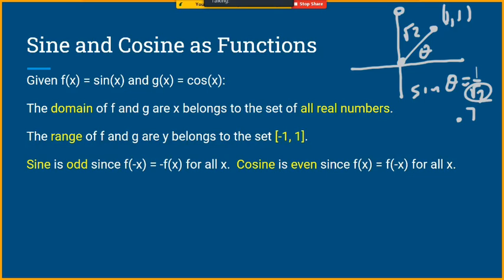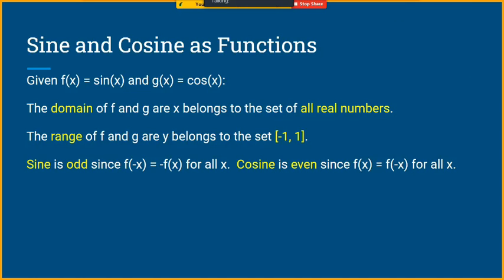Now the biggest that sine is going to equal is 1 because when you have this point at 0, 1, that's going to be 1 unit away from the origin. So the sine of that angle would be 1. So the sine of 90 would be 1 over 1. And that's the biggest that it could be because the y-coordinate can never be bigger than the distance that that point is from the origin. Okay? So the sine and cosine of angles can only equal things in between 1 and -1.